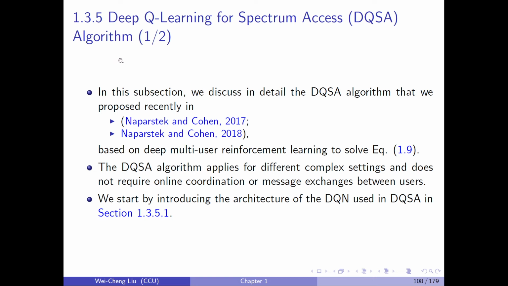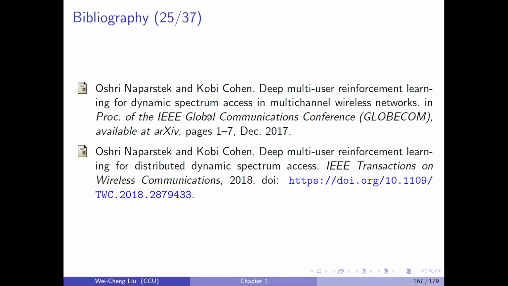So now we are going to section 1.3.5, Deep Q Learning for Spectrum Access (DQSA) algorithm. In this subsection, we discuss in detail the DQSA algorithm that we proposed recently in Naparstek and Cohen, 2017. Okay, let us see.